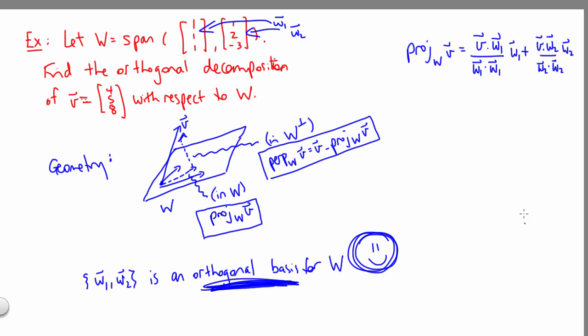So just a caution here, incredibly important that we had an orthogonal basis for W. Otherwise, this method of just projecting onto each basis vector will usually not work.